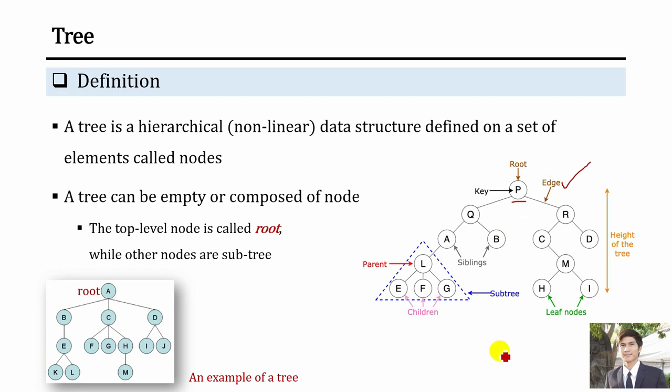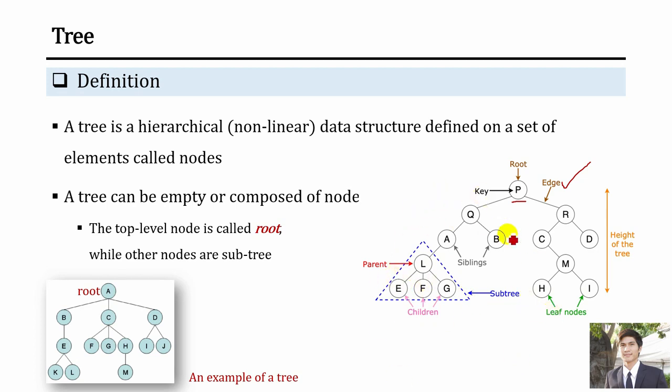Normally subtrees are those nodes that are beside the root. You can consider one of the subtrees, for example, the one at the top left here. L here is defined as a parent when we consider only this subtree. Subtrees are not only on the left part but also at the bottom.